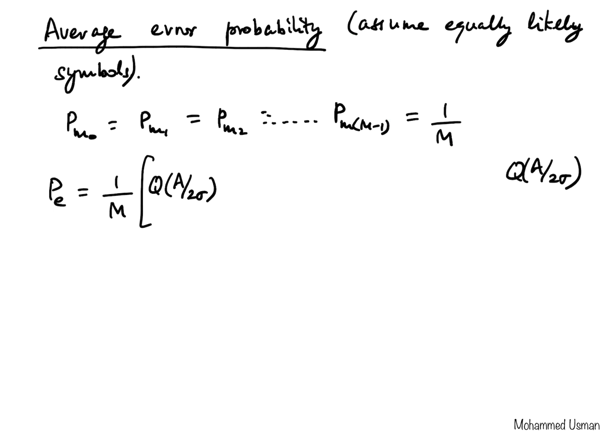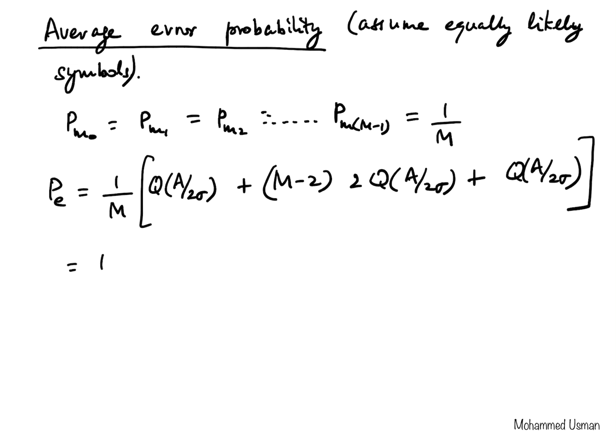So it's basically m minus 2 times 2Q. So in between we are going to have plus m minus 2 times 2 times Q of a by 2 sigma, plus the Q of a by 2 sigma at the last symbol. So that's the leftmost symbol, the m minus 2 symbols in the middle, each having an error probability of 2Q, and then the rightmost symbol which has an error probability of Q of a by 2 sigma. So that will give us the average error probability, and we just need to simplify this expression now.